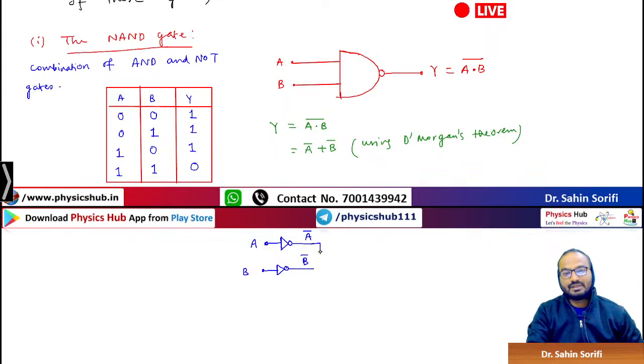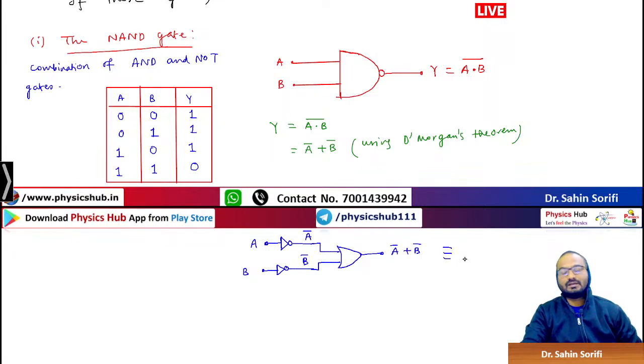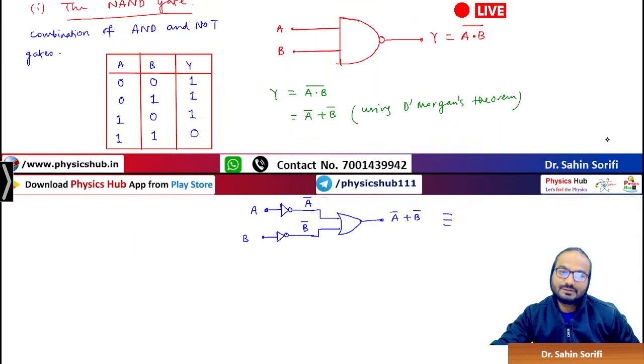Now, if you join them by an OR gate, it becomes A complement plus B complement, and it can be equivalently expressed in this way.